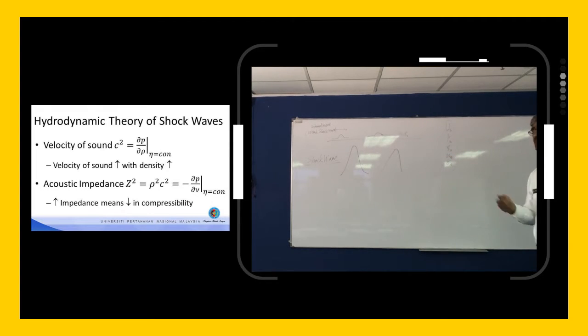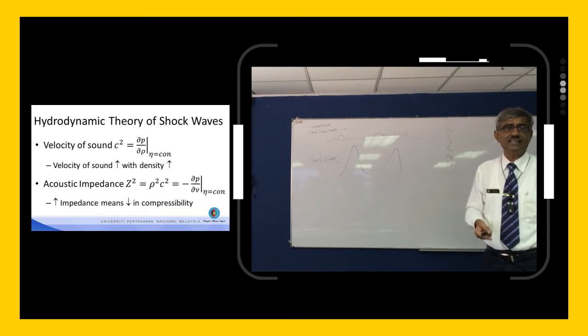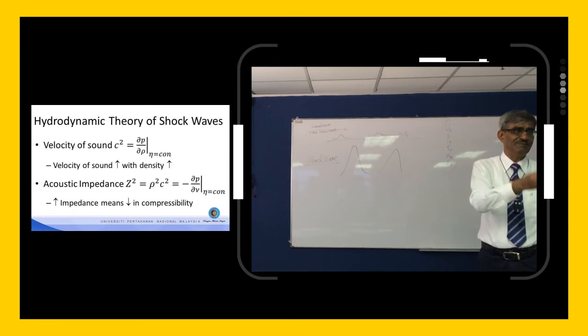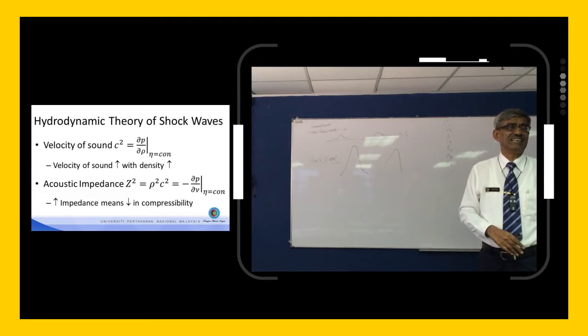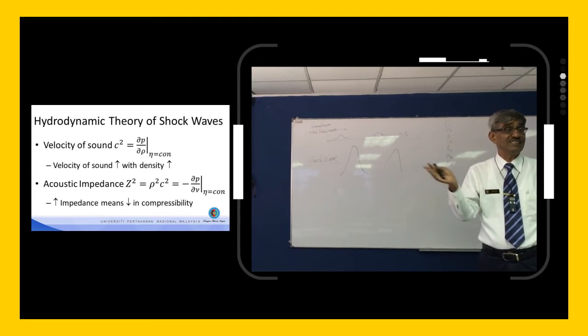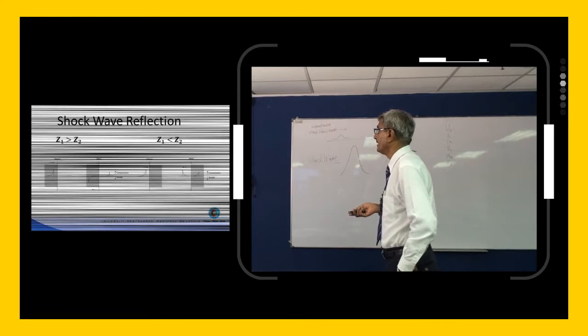So it's very easy. We develop the theory for detonation wave and then we put the restriction, no chemical energy release, and the same equations would transform into the equations handling shock waves. Okay.